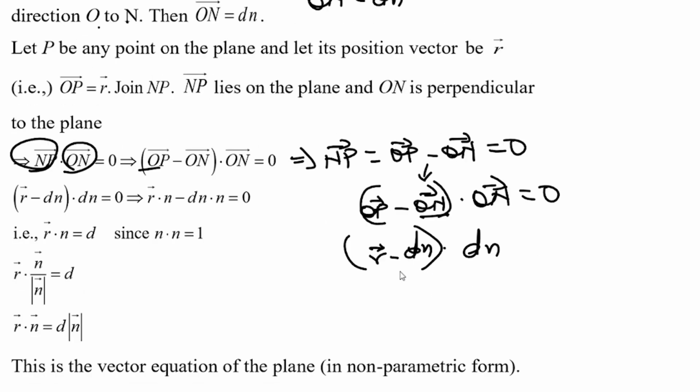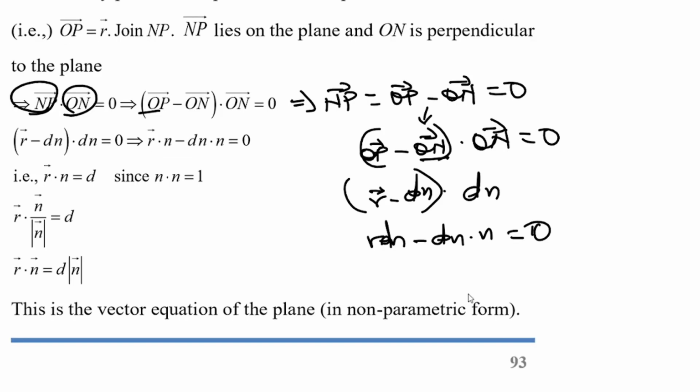When we expand, we have r dot n minus Dn dot n equals 0.